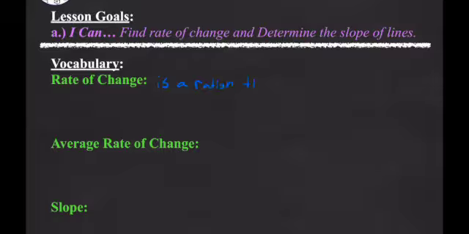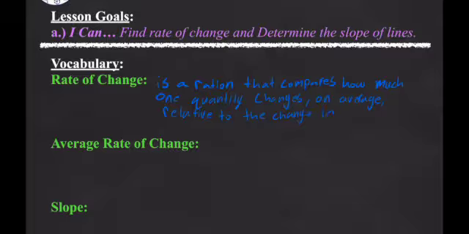Is a ratio that compares how much one quantity changes on average relative to the change in another quantity.